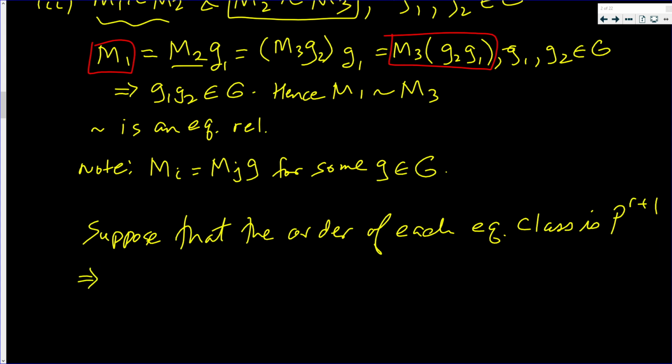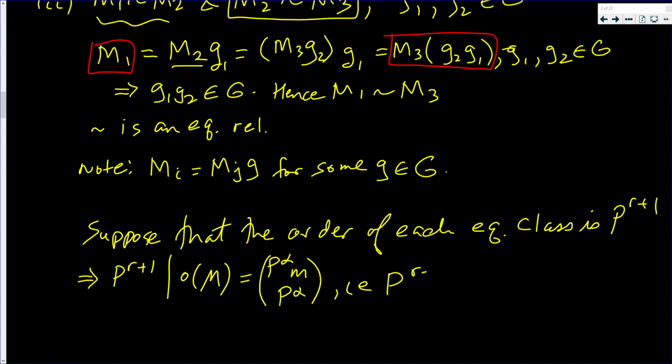That would imply that p to the r plus 1 divides the order of m. But the order of m is p to the alpha m choose p to the alpha. That is, p to the r plus 1 divides this, which happens to be, well, the number of subsets of order p to the r.